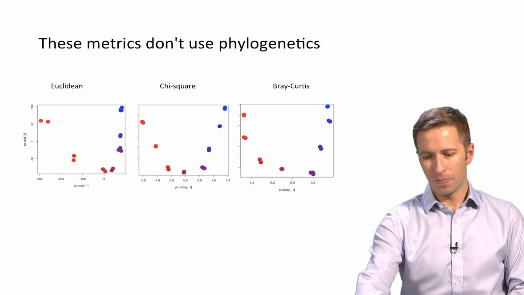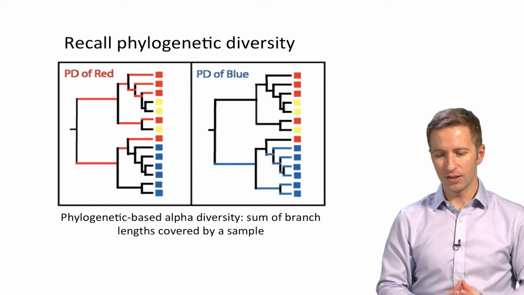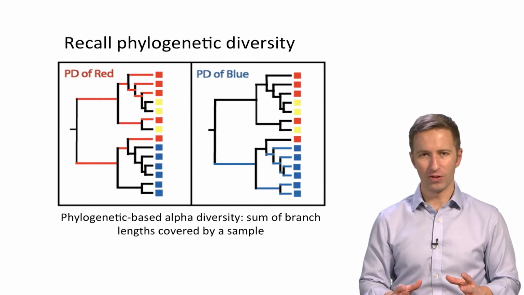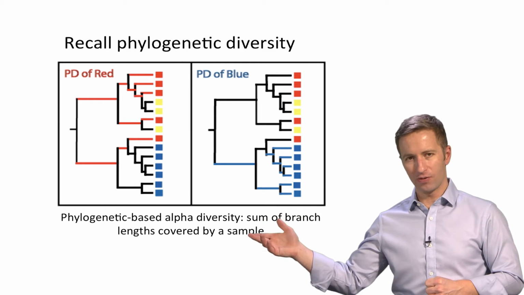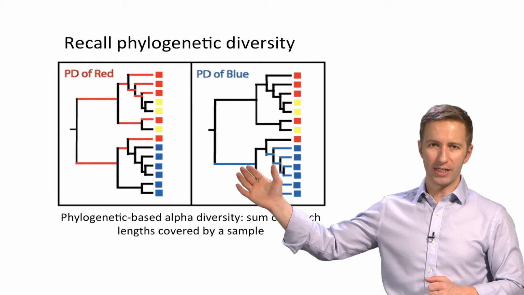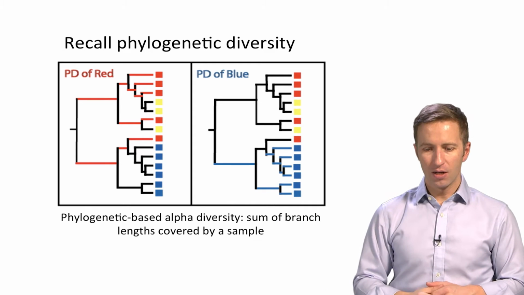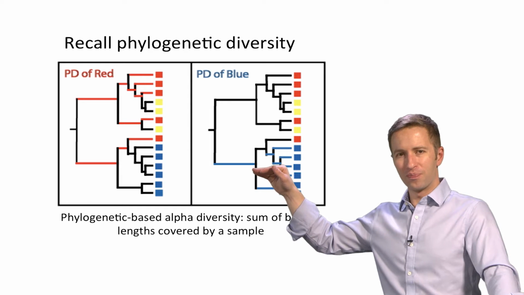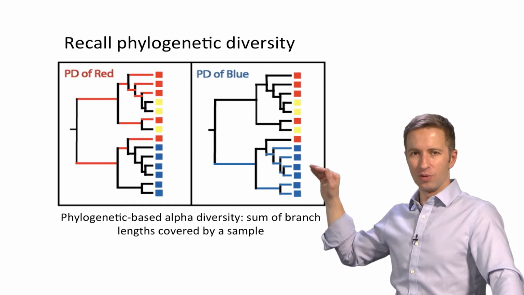So the phylogenetic distance metric is called UniFrac, and it's using a similar approach to the phylogenetic alpha diversity that we learned about. So please recall in phylogenetic alpha diversity, we were basically counting up the fraction of the tree that is covered by a particular sample. So if you look at the phylogenetic diversity of the red sample, it covers a lot more of the tree than the blue sample.